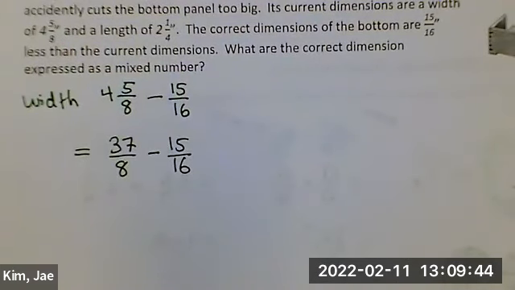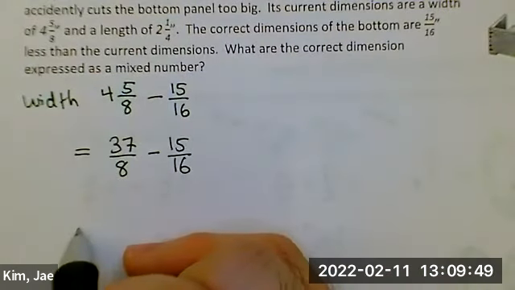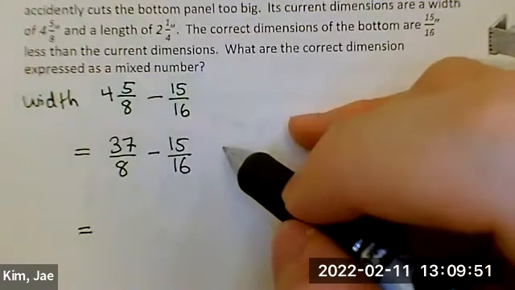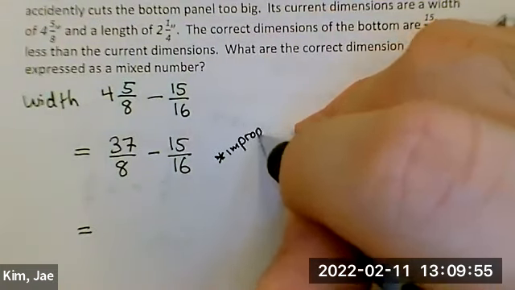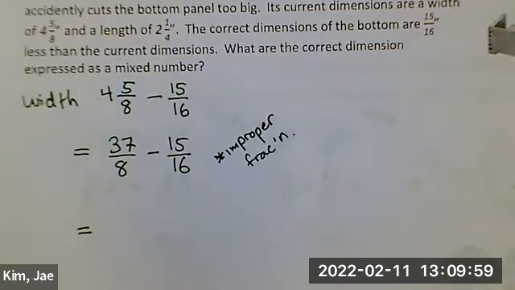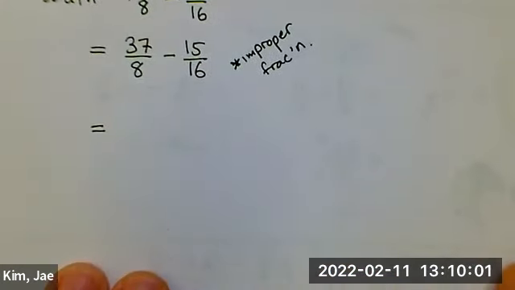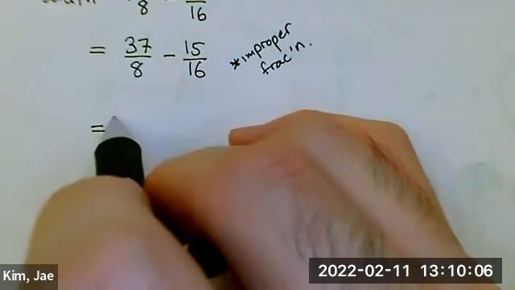Next, when you're subtracting fractions, you have to make the denominators the same. Maybe I'll make a little note. Step 1, improper fractions. Step 2, common denominator.